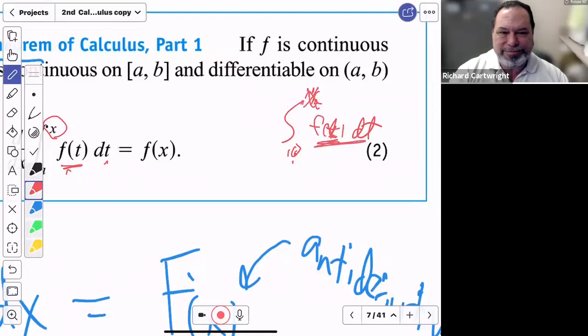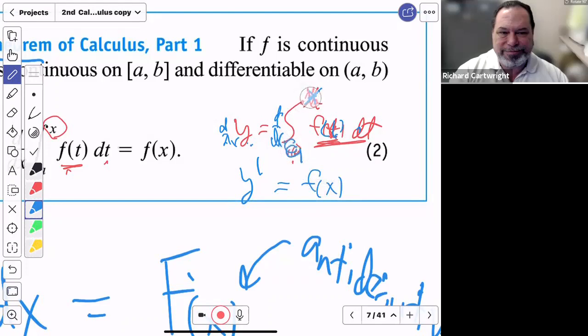If this was called y, and remember, there's a number down here, any number, there's the variable up here, and then here's my f of t dt. And if I choose to do y prime, then y prime turns into, when I do the derivative of this side, out pops not f of t, but f of x.